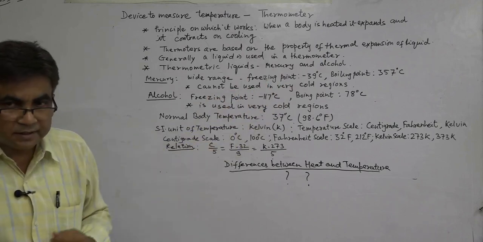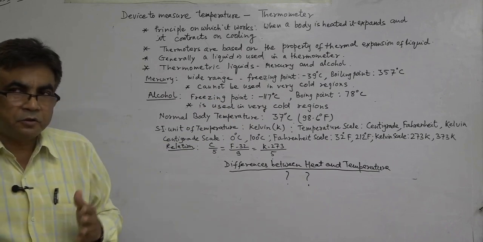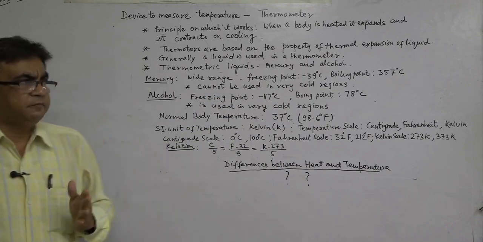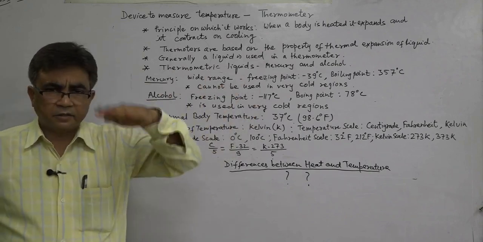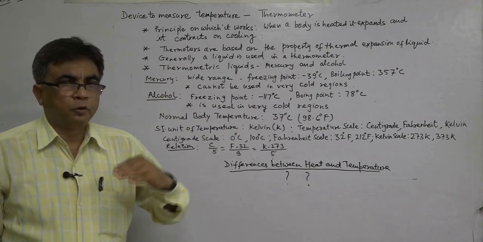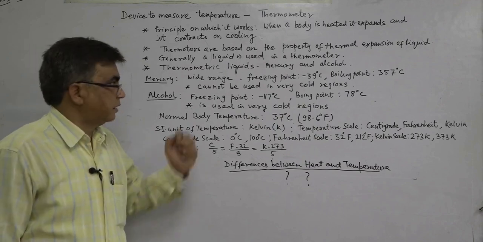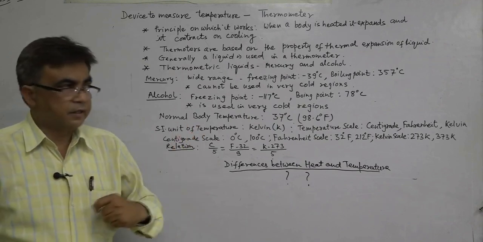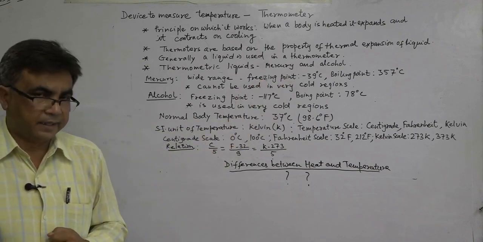Sometimes a question can be asked, why can mercury not be used in very cold regions? Very simple answer. In those regions where the temperature goes below minus 39, a mercury thermometer cannot be used because the freezing point of mercury is minus 39 degrees centigrade.